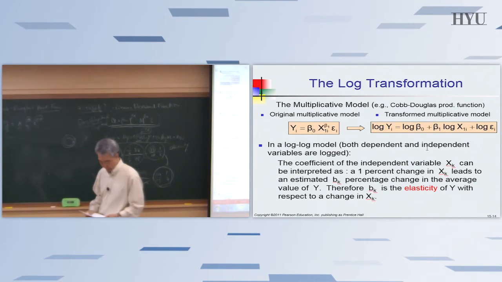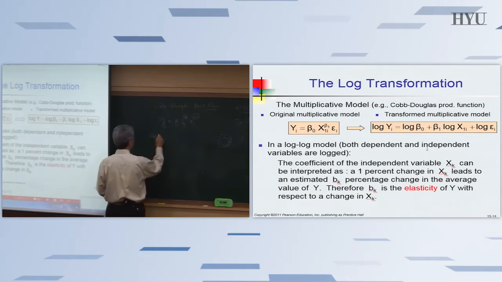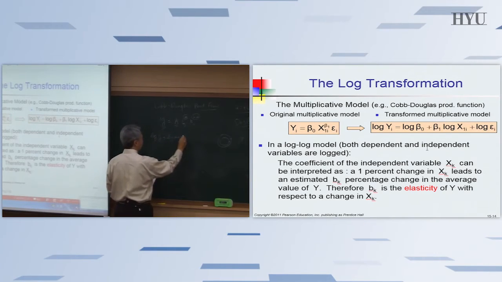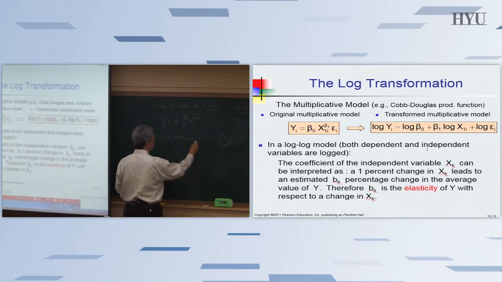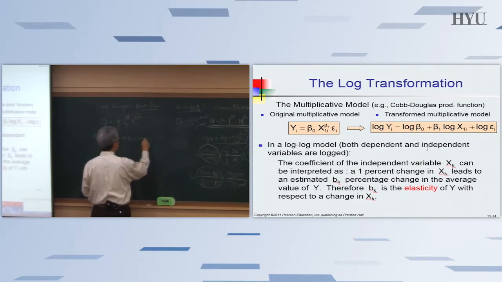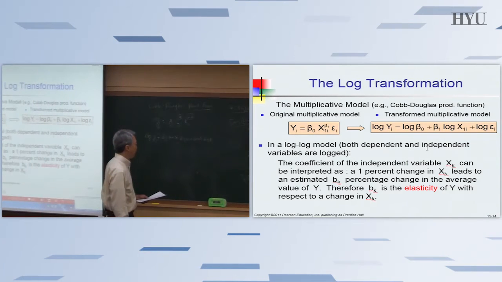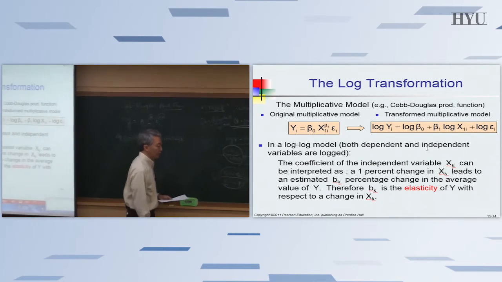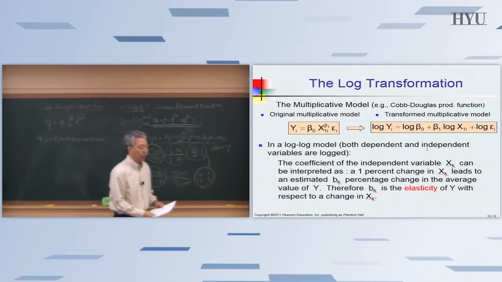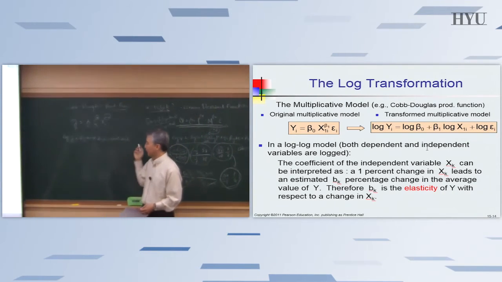Let's see. If you take a log of both sides, you come up with log of Y equals log of A plus alpha times log of L plus 1 minus alpha times log of K. So using the actual national income and the GDP data, Cobb and Douglas actually tried to estimate this equation.